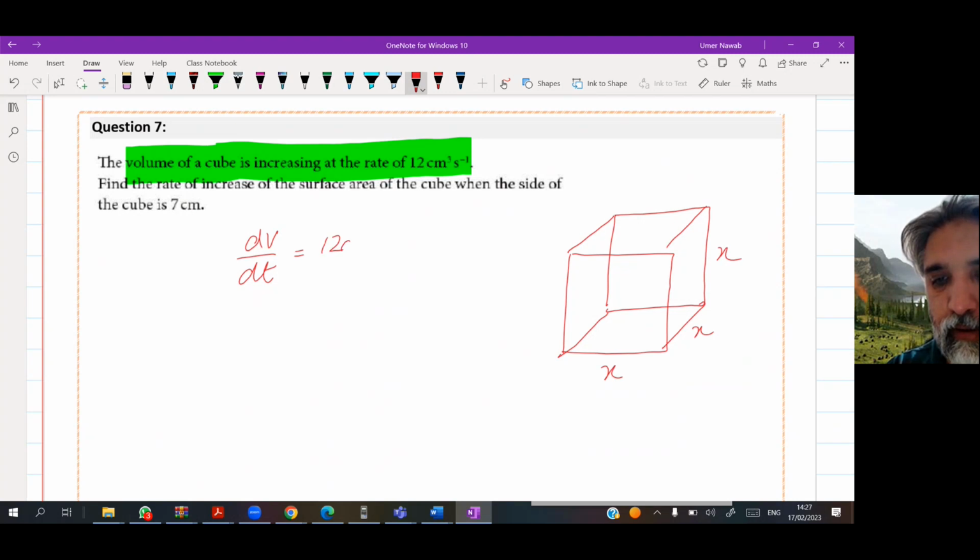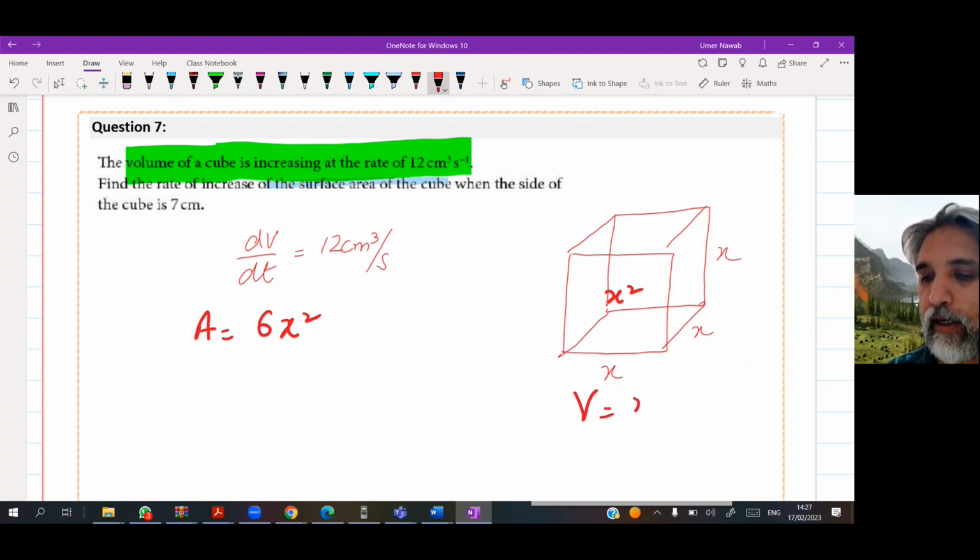It is 12 centimeters cubed per second. And he is also talking about the surface area of a cube. So how many faces does it have? Well, the front area is x squared, and it has 6 faces. So the surface area is 6x squared, and the volume is x cubed.